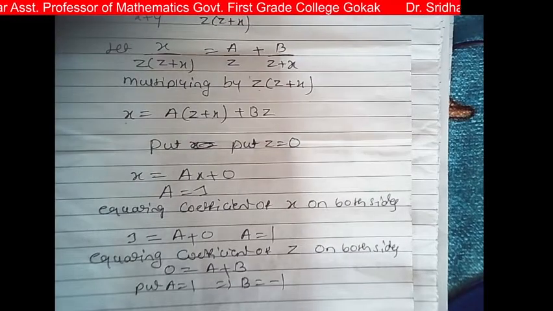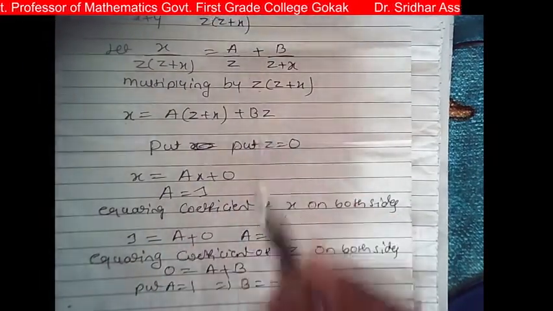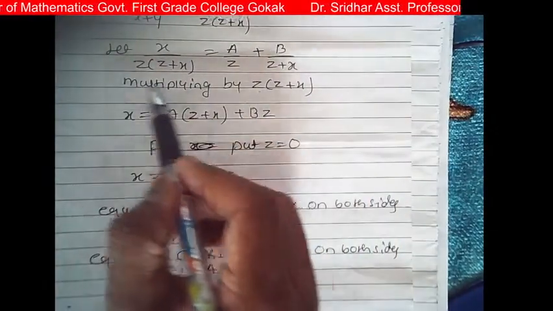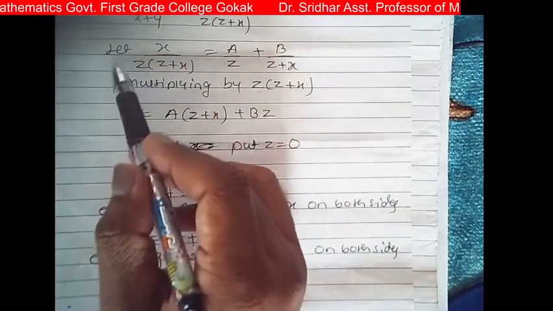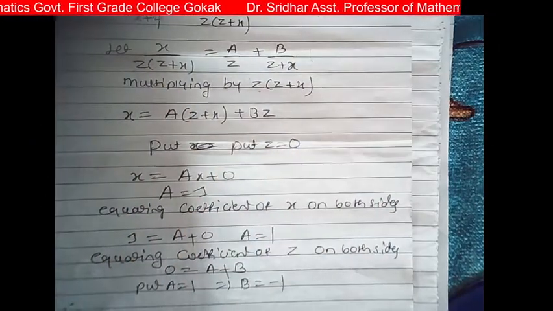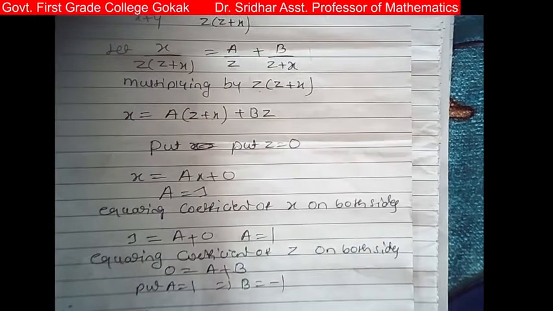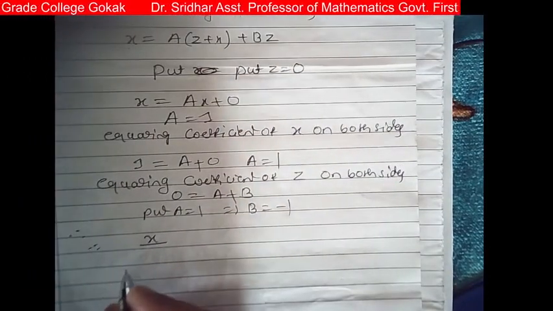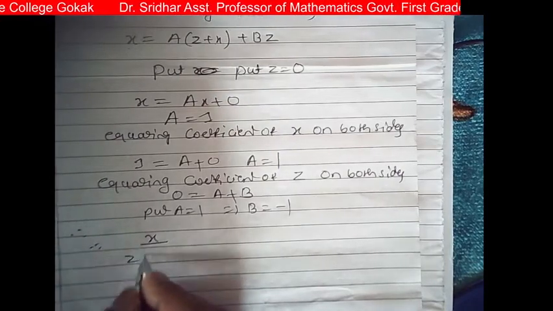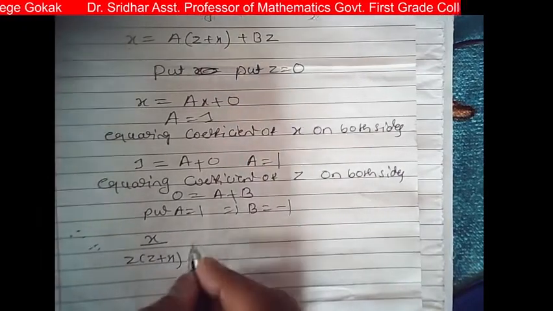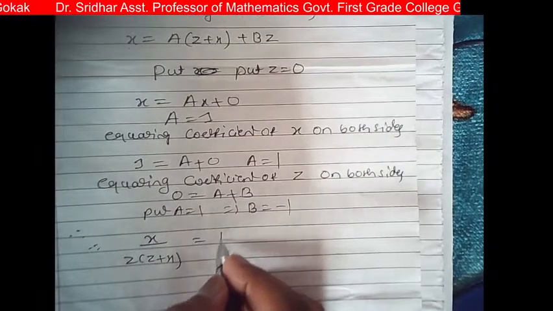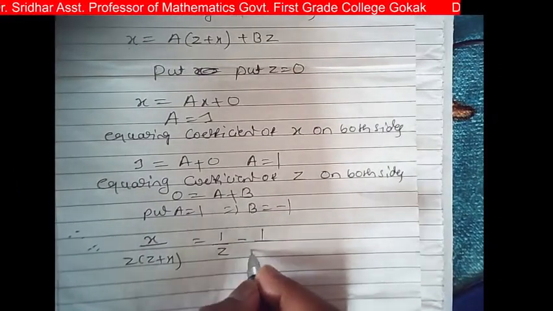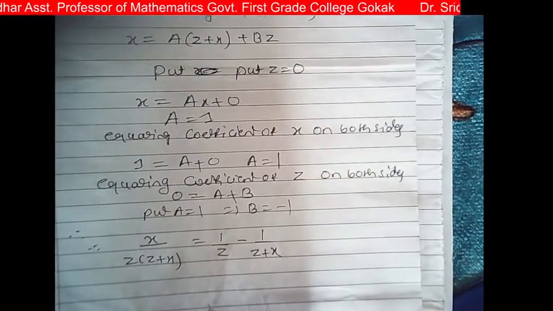Okay, so now therefore, substituting those values of a and b in this equation, x divided by z into z plus x takes the form: a is 1 by z, minus b, it is minus 1 divided by z plus x.